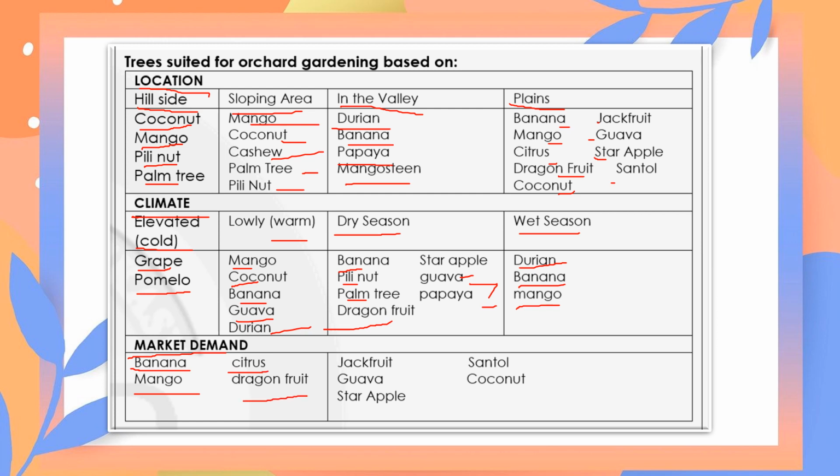When we say citrus, ito yung mga makakatas na prutas, mga bata. We have also jackfruit, guava, star apple, santol, and coconut. So those are the trees suited for orchard gardening.